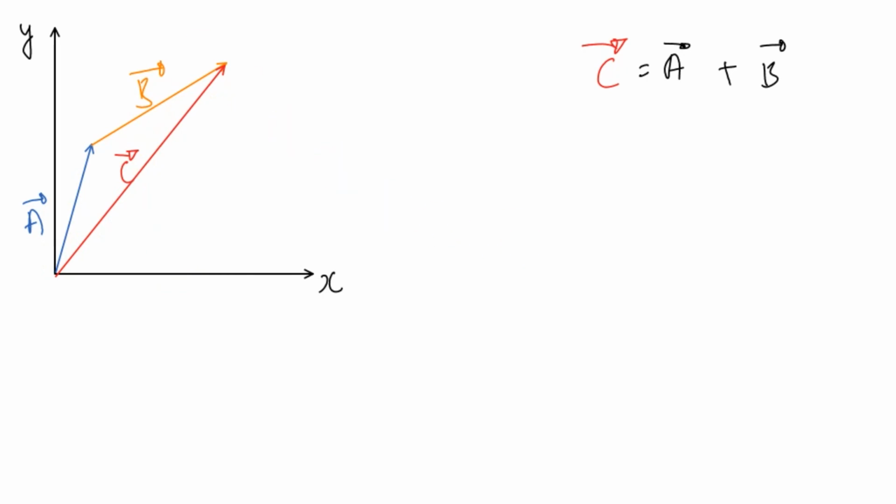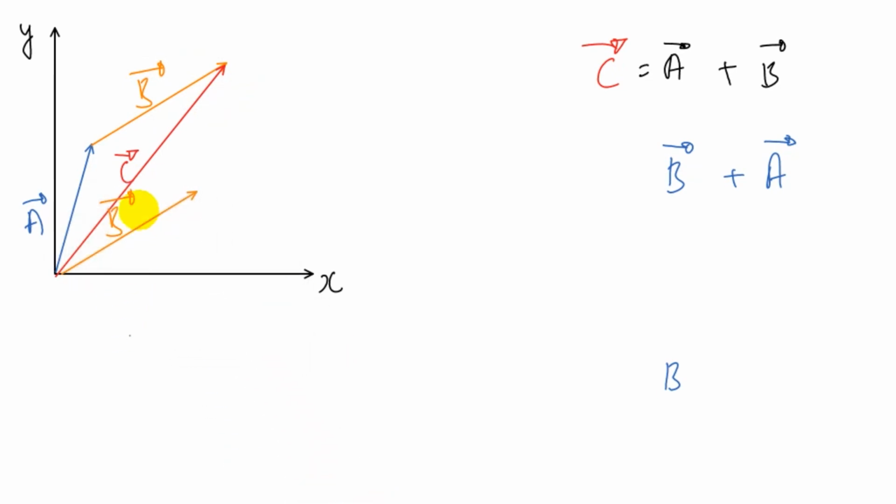Now suppose we need to add vector B plus vector A. We are just reversing the order. Then what would be the answer? First we take vector B, and then we join the head of vector B with the tail of vector A. So I'm moving this vector B from this place to the origin, but I'm not changing its magnitude or its direction.